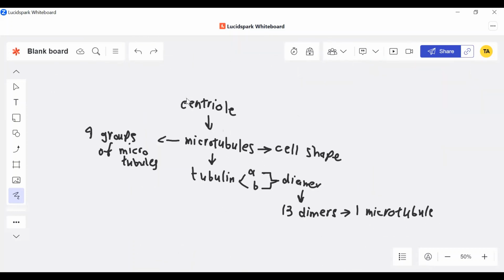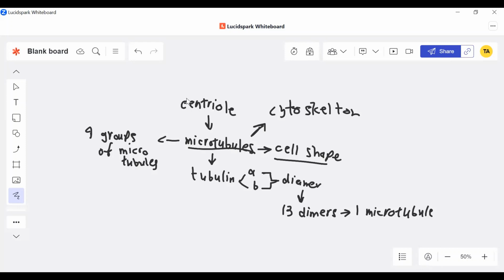Their function is that they give the cell shape. So microtubules act as the cytoskeleton. I don't know if the spelling is right or not, but microtubules give the cell shape and act as a cytoskeleton, and they also make the centrioles.